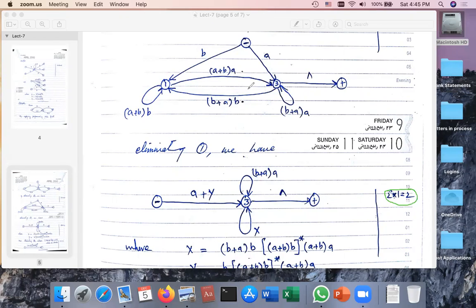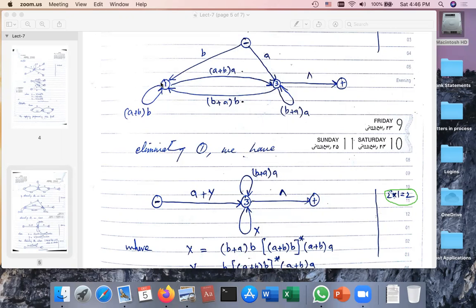I have to think. From this 3, if I remove this one, from this 3, B plus A into B, and maybe this one. Let's see what will happen. I can change the color because green is not good.